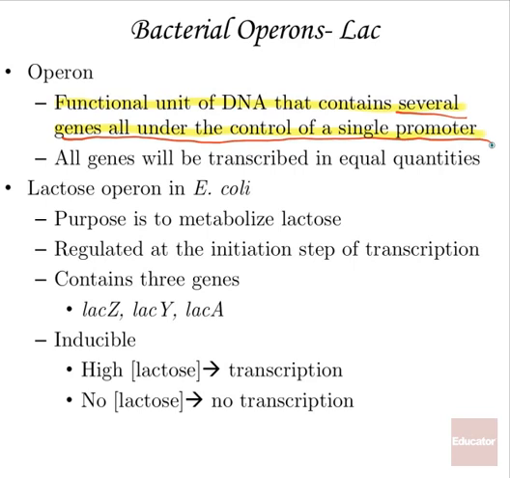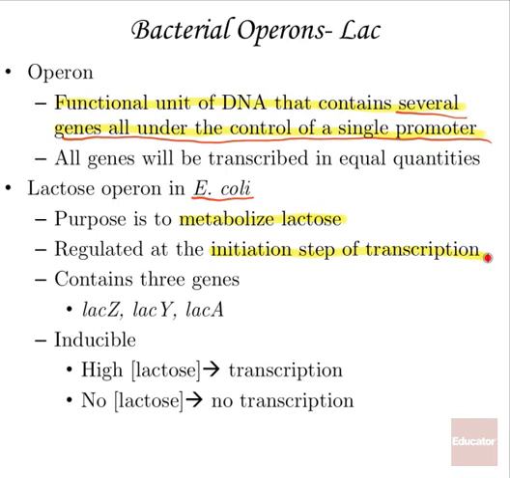So the first operon we're going to talk about, the lac operon or the lactose operon. Okay, this is found in E. coli. The whole purpose is to metabolize lactose. Right? And this particular operon is regulated at the initiation step of transcription. So this is very common.